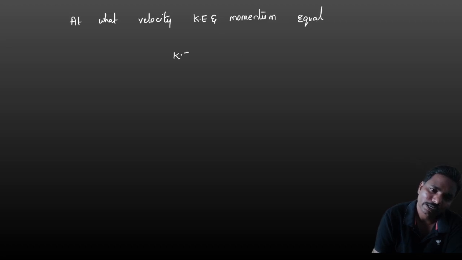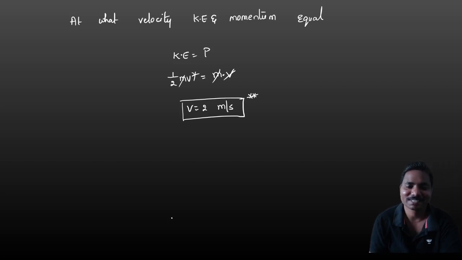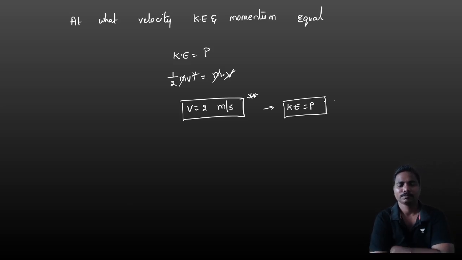Whenever KE is equal to momentum, KE is half mv square, momentum is mass into velocity, m cancels, v cancels. Then we have v is equal to 2 meter per second. So whenever the velocity is 2 meter per second, KE and momentum are equal.